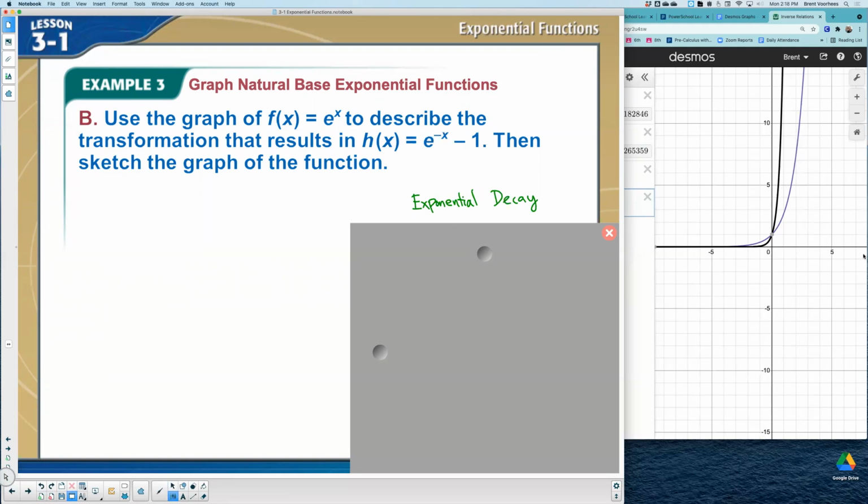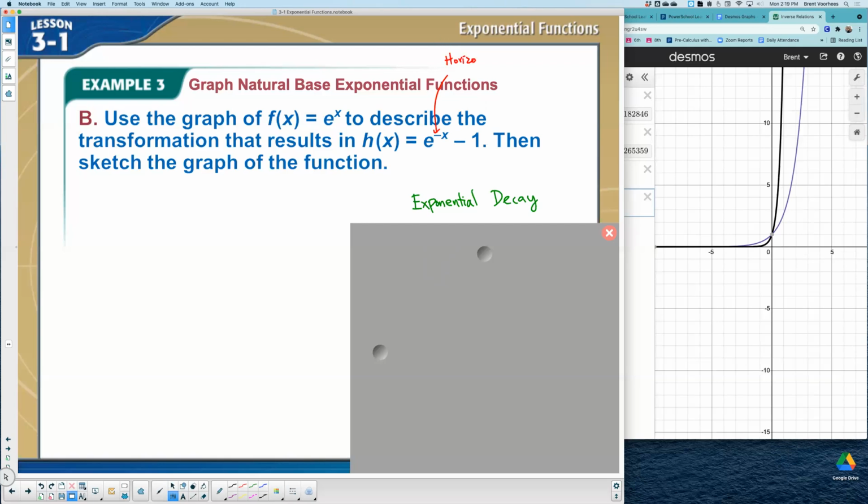So we have 2 transformations this time. This negative, is the negative on the inside or the outside? Are we sure? What do y'all think? Inside or outside? Got 30 people in here. Let's get some more ideas flowing. Is that inside with x or outside the x? Inside. So if it's inside, is it horizontal or vertical?